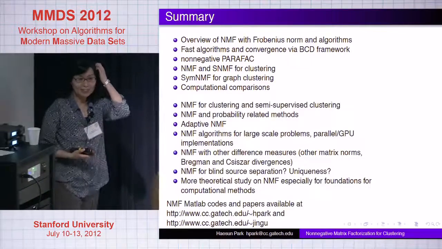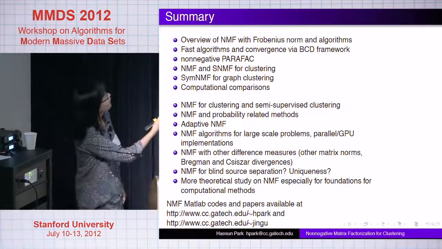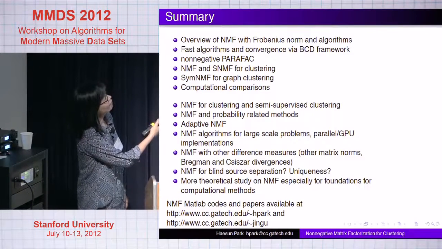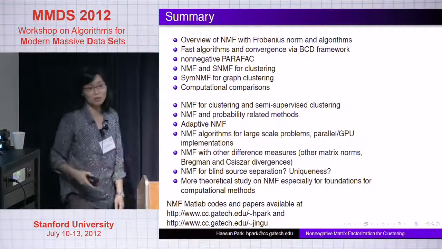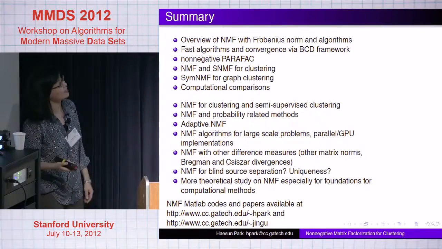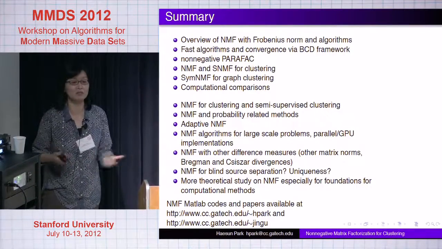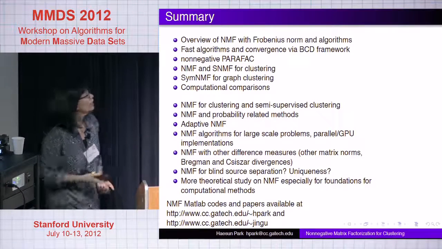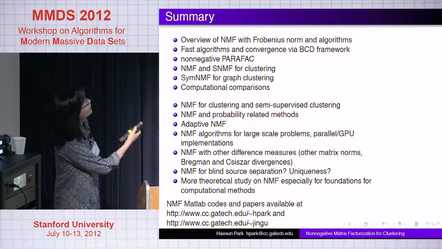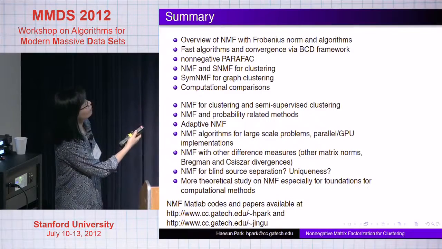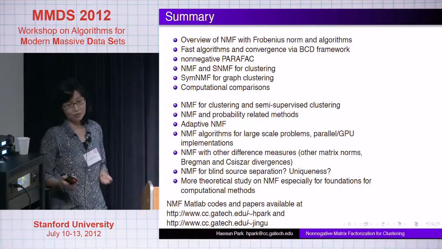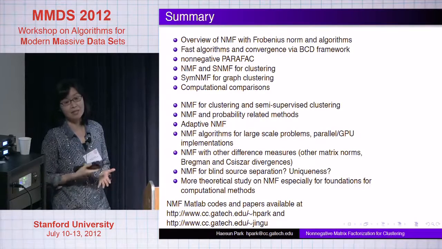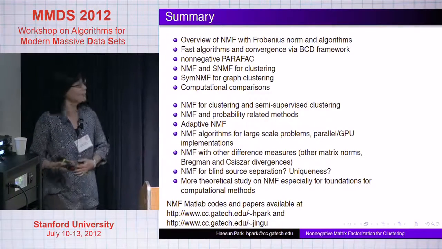So what kind of work is left? I think one advantage of NMF for clustering is that because it's already formulated as an optimization problem, semi-supervised clustering becomes easier. They just become more constraints to add. And NMF can be used very successfully for probability-related methods because the values we compute are non-negative, so they can be easily interpreted as probabilities.